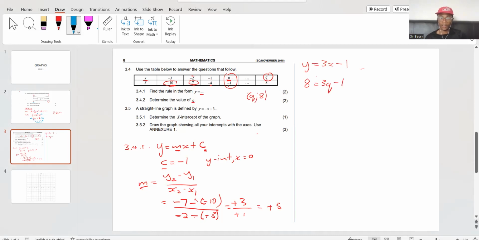I add 1 to both sides because I want to eliminate this 1. So I have 9 is equal to 3q. When I divide by 3, the value of q is 3.